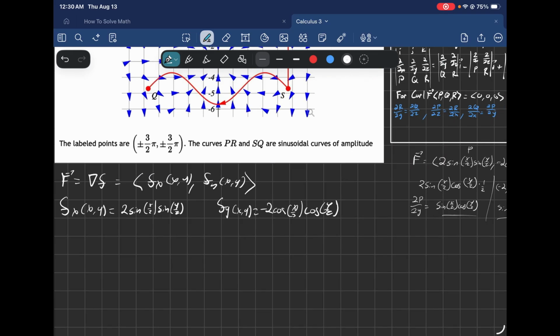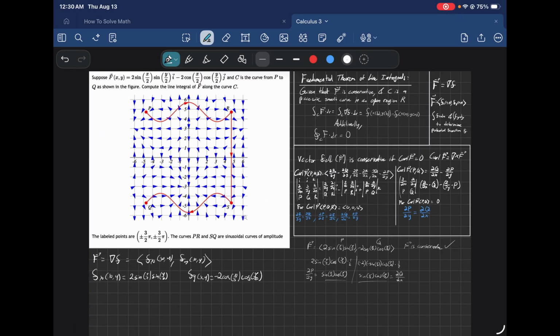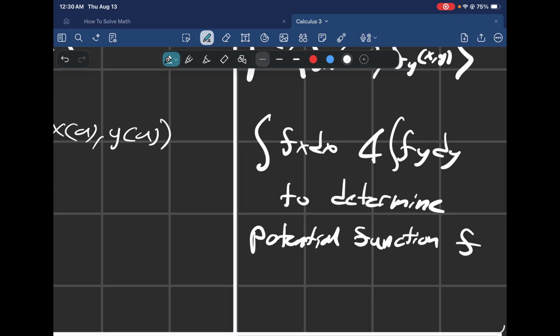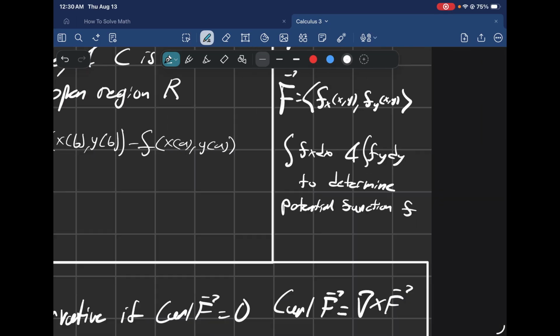So with this, just like how we were talking about earlier, we just need to get the antiderivative of those to determine our potential function f.